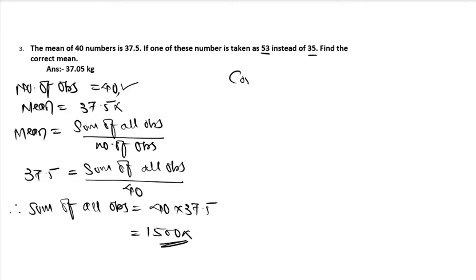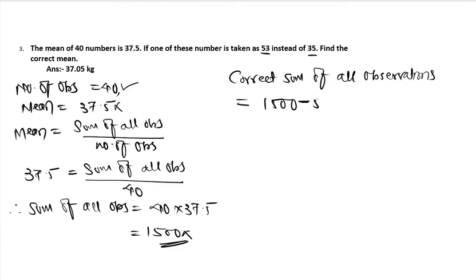So correct sum of all observations is equal to 1500, that is the earlier sum, minus 53, which is the mistake which I made in taking the numbers, plus 35.